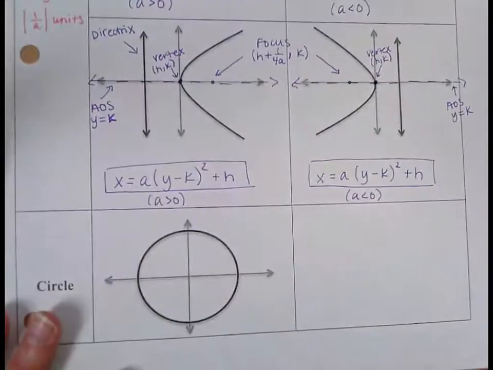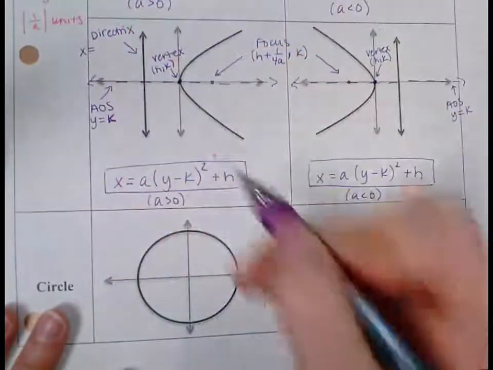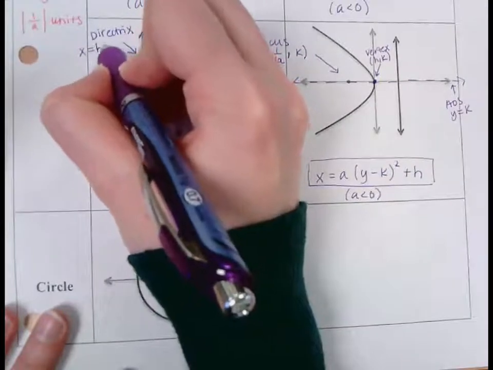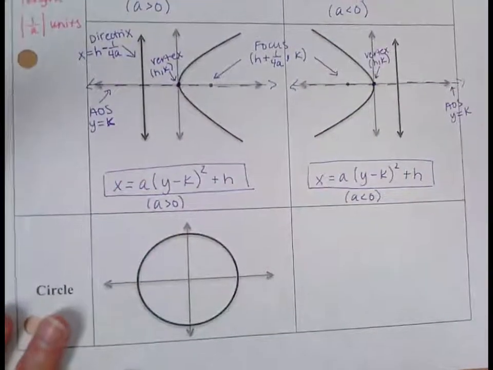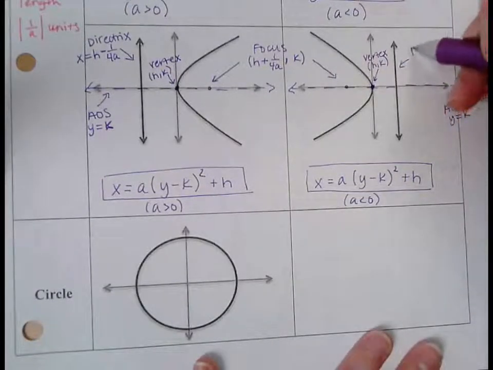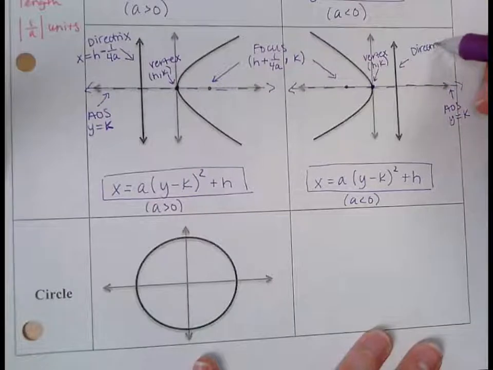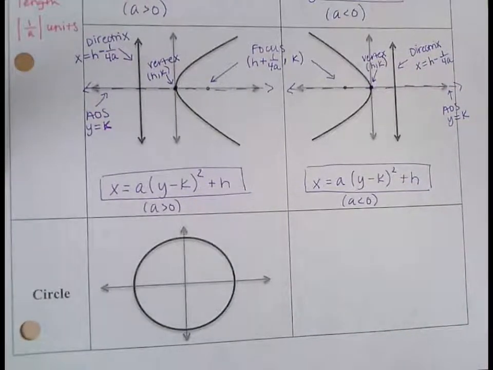And that has the equation x equals h minus 1 over 4a. So x equals h minus 1 over 4a.